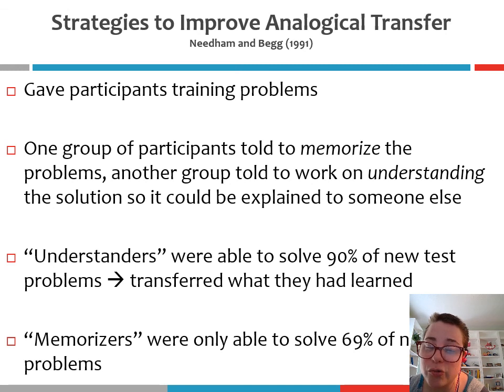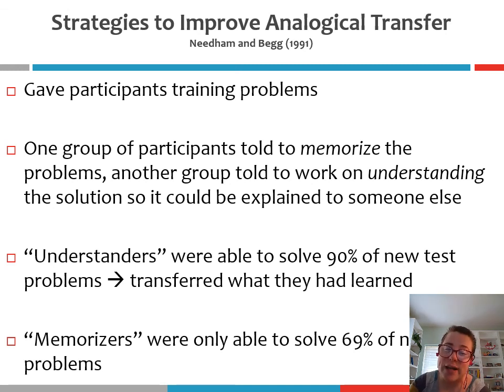Another group was told to work on understanding the solution and understanding it well enough that they could teach it to somebody else. Okay, so the people that were told that they were going to have to prepare to teach someone else the problems were able to solve 90% of brand new problems successfully, right?